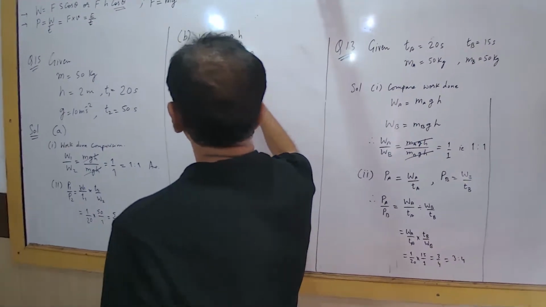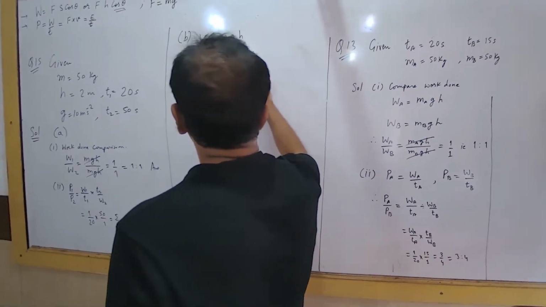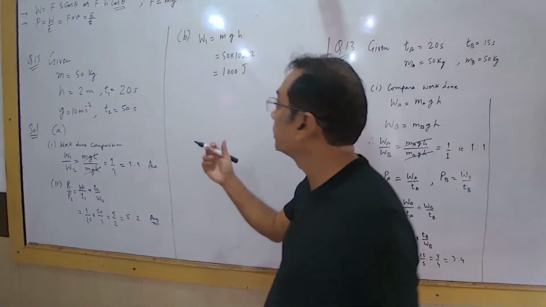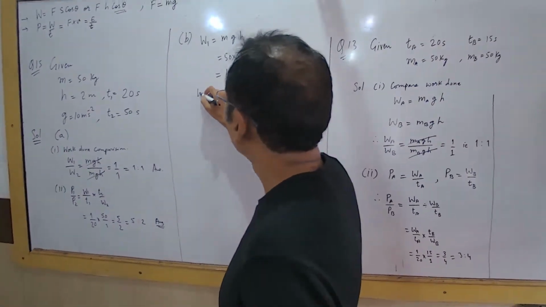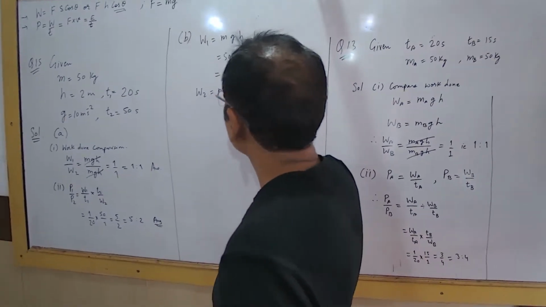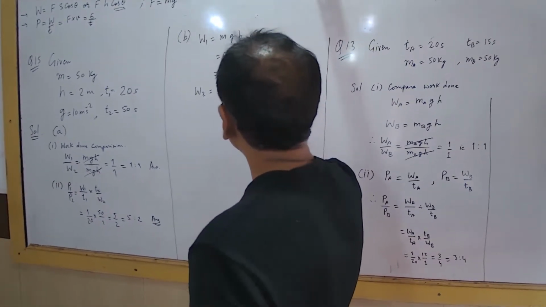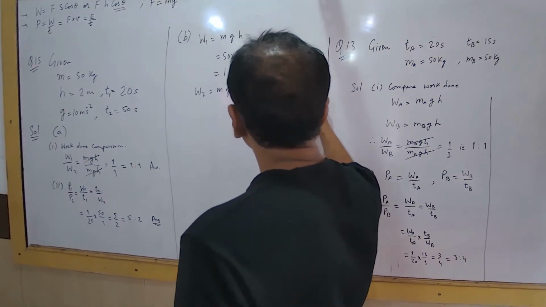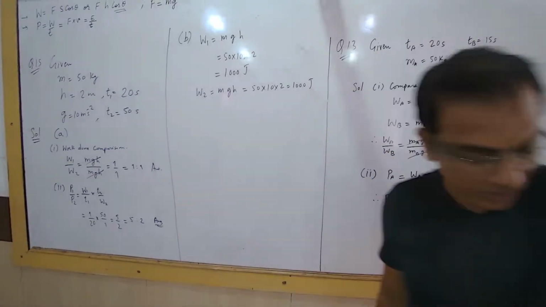So 1000, right? W1 is 1000 joule. Same should be W2 then. W2 is also equal to mgh. This will be 50 into 10 into 2. This is also 1000. Okay, because W1 and W2 is same.